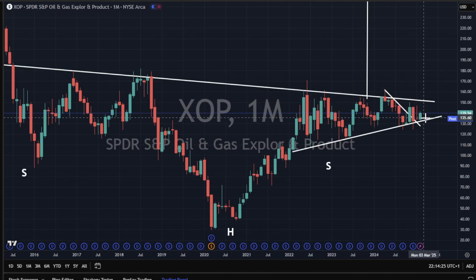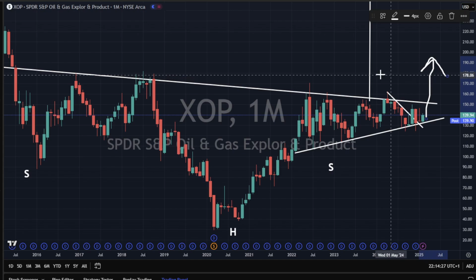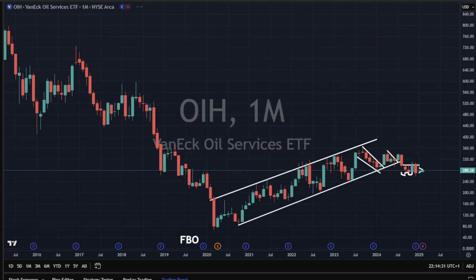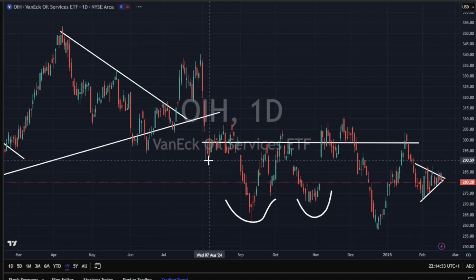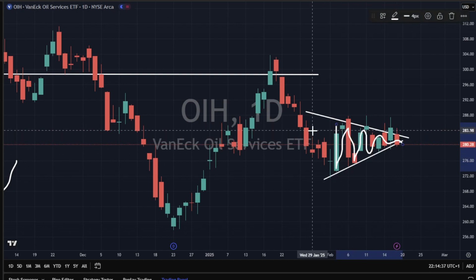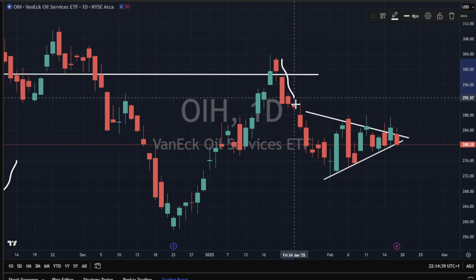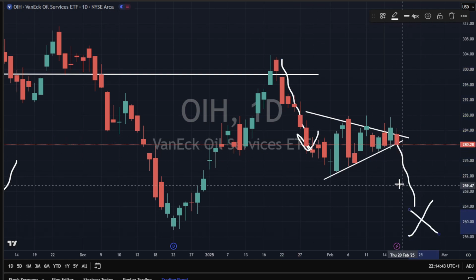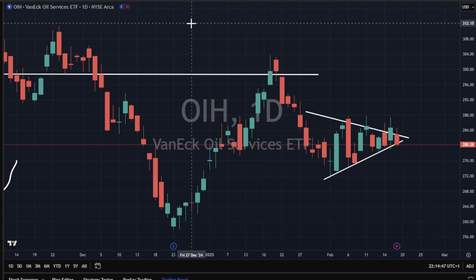Both natural gas, and if we can get oil in gear, they would both be supporting a higher move. OIH moving lower by 1.55%. We're still squeezing in this pattern here. We did enter the pattern from the top side down, which means we could end up down here again before heading higher. So that is a possibility.